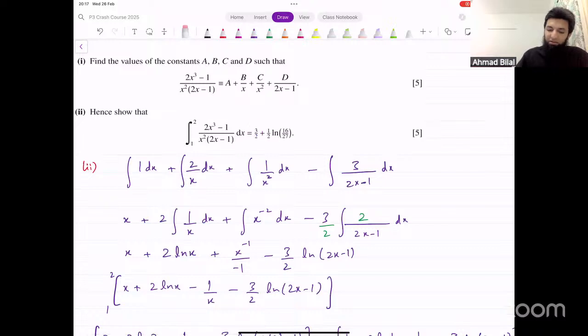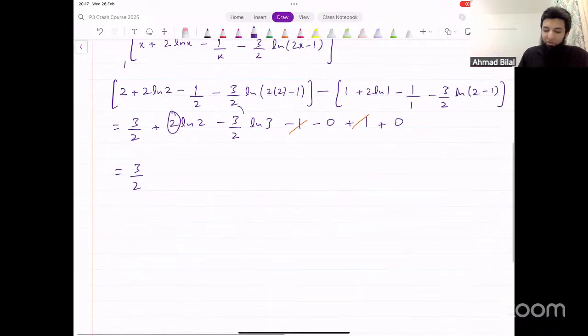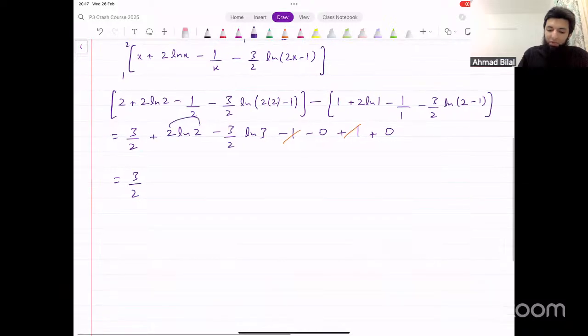We have that. Now here we have to get 1 over 2 times ln of 16 over 27. How can we get that? These two are different numbers. One way to think about this could be just take them to the power. So that it becomes ln of 2 squared minus ln of 3 raised to a power 3 over 2.